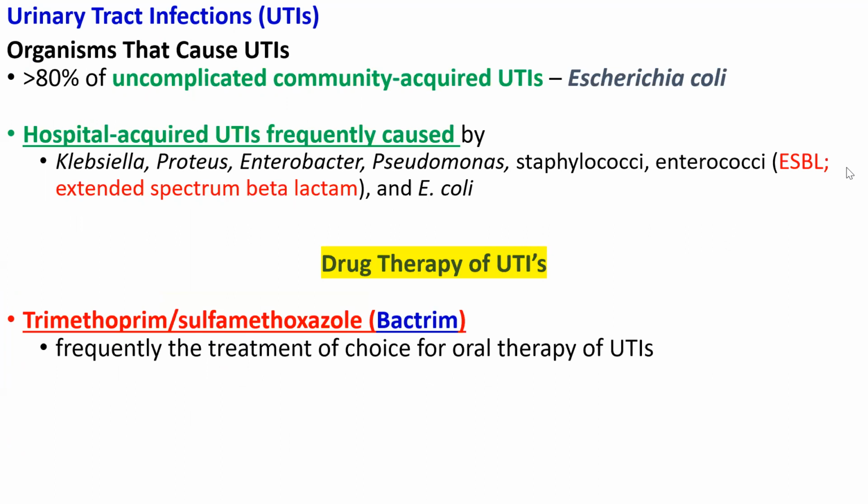There's also hospital-acquired UTI frequently caused by Klebsiella, Proteus, Enterobacter, Pseudomonas, Staphylococcus, Enterococci, or ESBL E. coli. So for the drug therapy to treat UTIs, we mentioned earlier that trimethoprim sulfamethoxazole is a treatment choice for oral therapy of UTI.